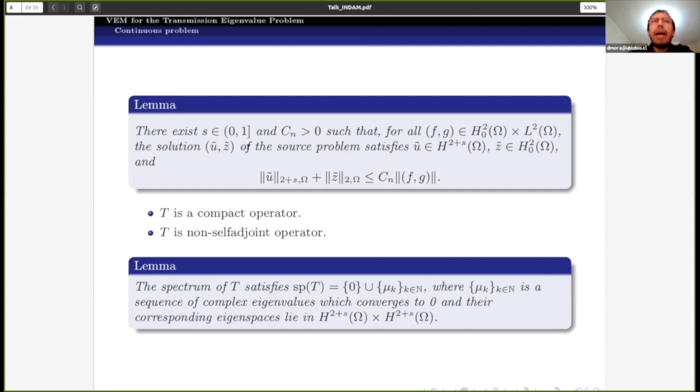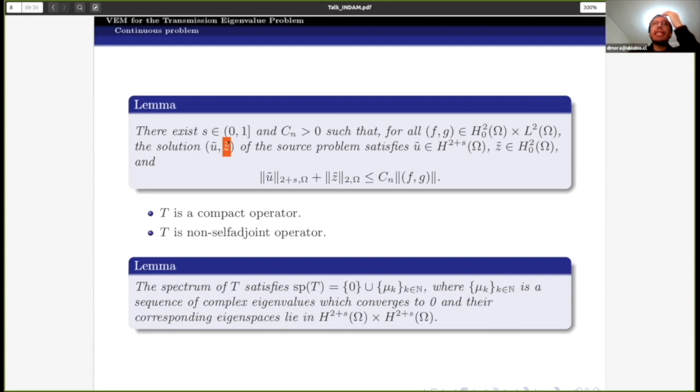But the second component in the solution of the source problem is not more regular, because there is an identity in the definition, which in some sense plays the role of the linearization.